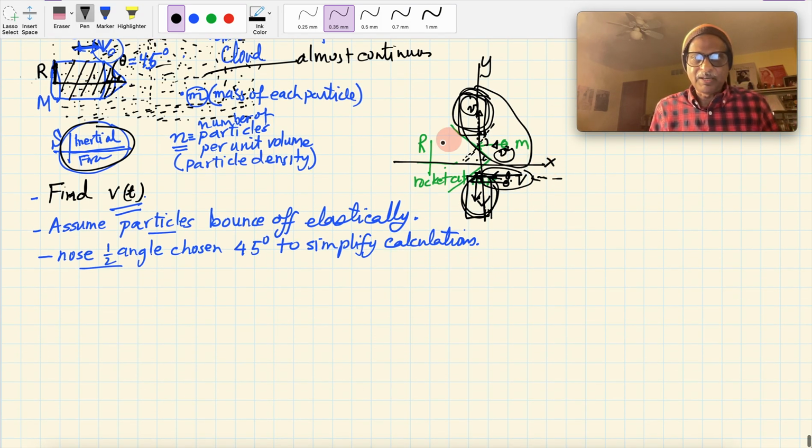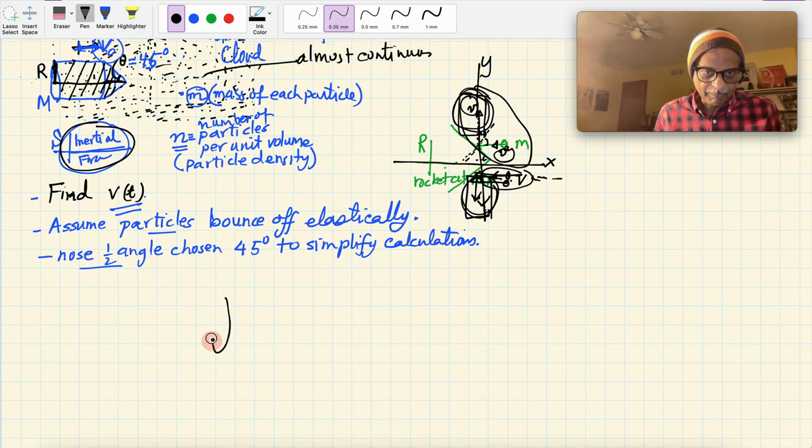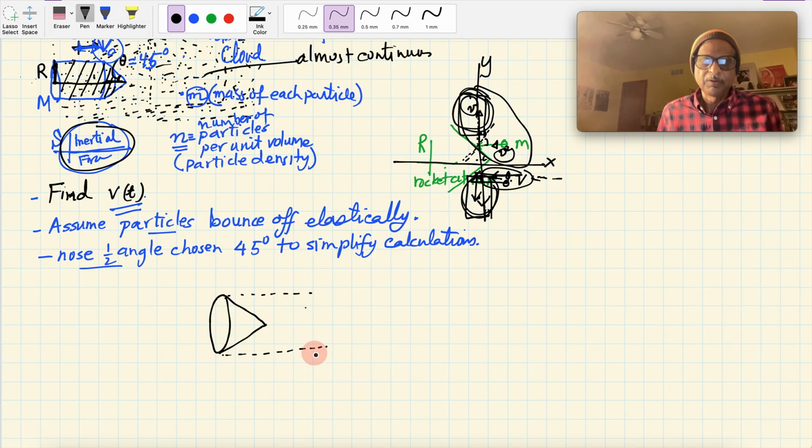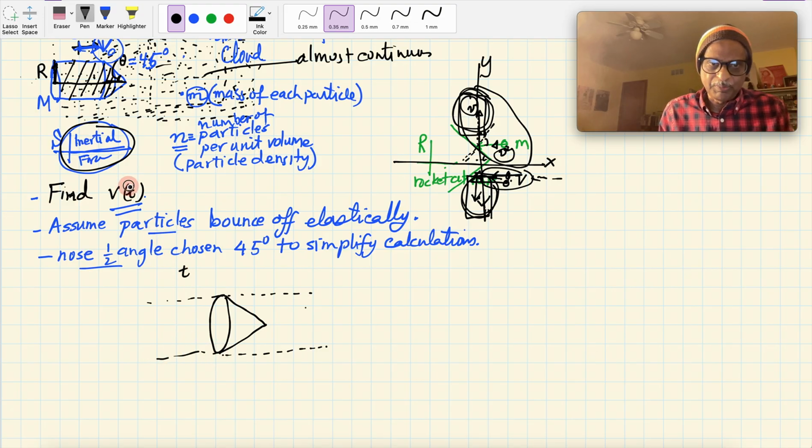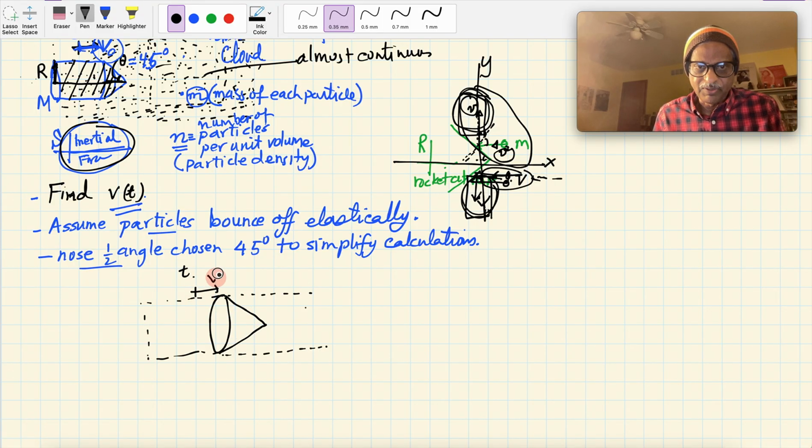So let's see how many particles. You had the rocket, and at some arbitrary instant t, this rocket is going with some velocity v.